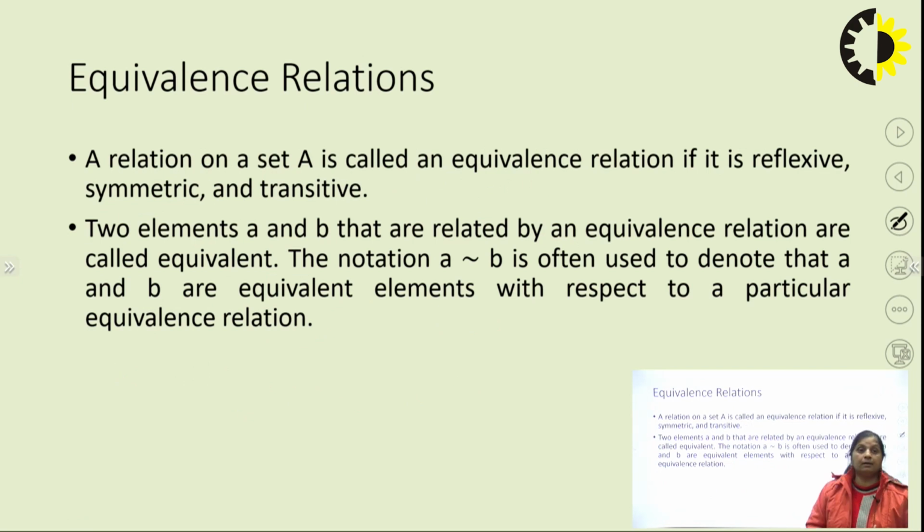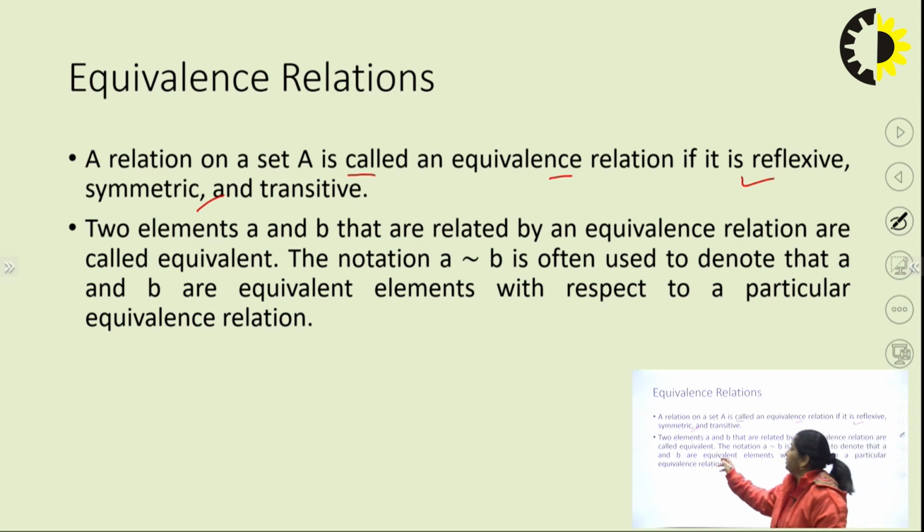Now we will understand a very important type of relation, the equivalence relation. A relation on a set A is called an equivalence relation if it is reflexive, symmetric as well as transitive. If all the properties are holding, then we call the relation an equivalence relation. Two elements A and B that are related by an equivalence relation are called equivalent.